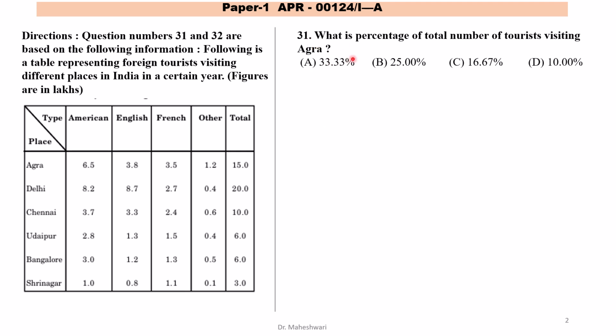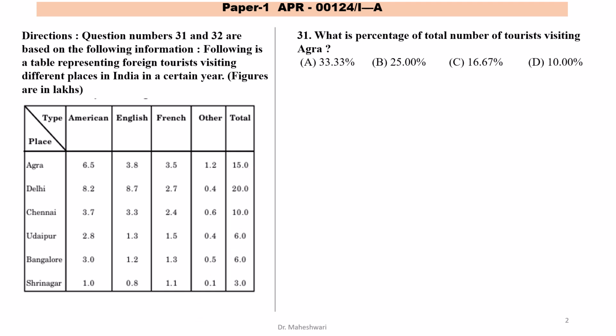Question number 31 is, what is the percentage of the total number of tourists visiting Agra? Now we have to find out only for Agra. For Agra, the total number of visitors is 15. This is a numerical which we have to solve.